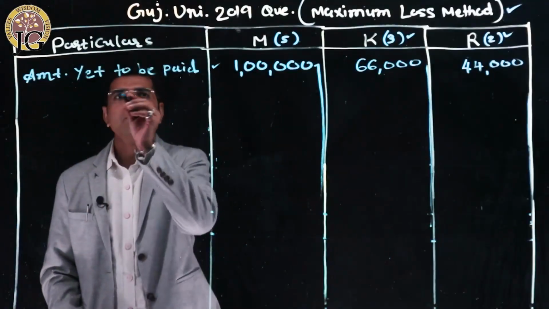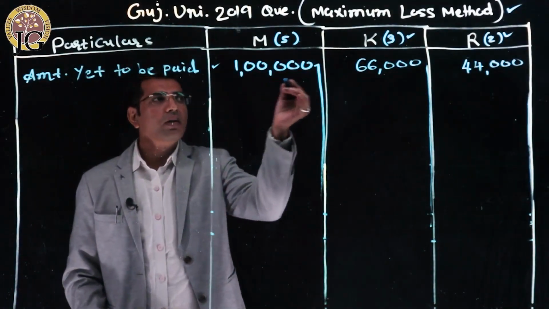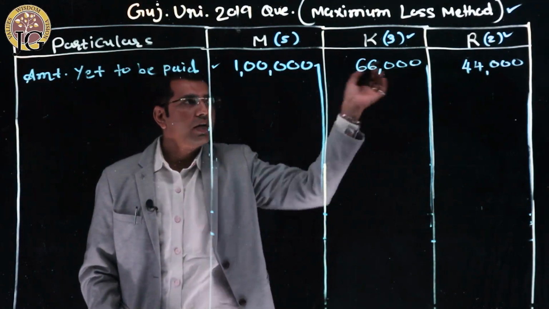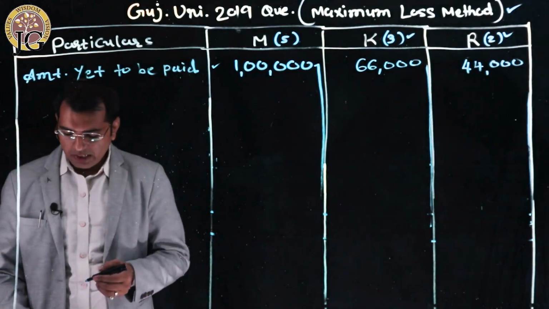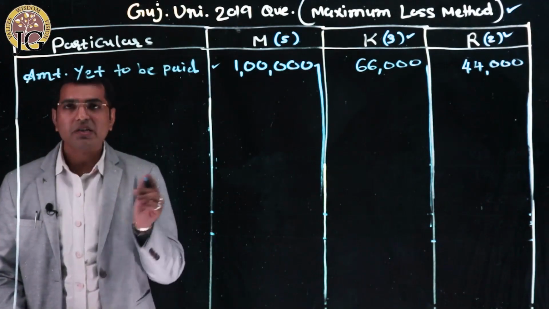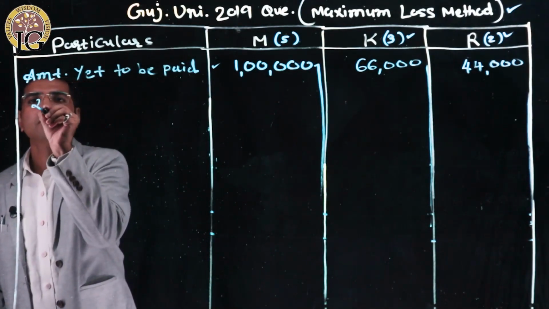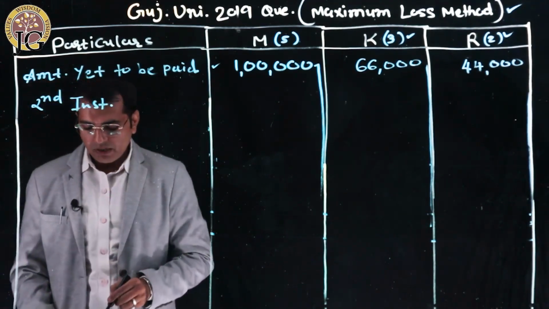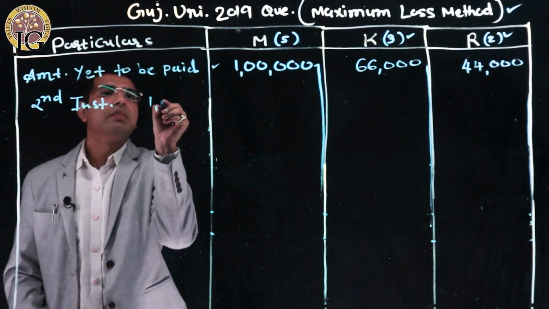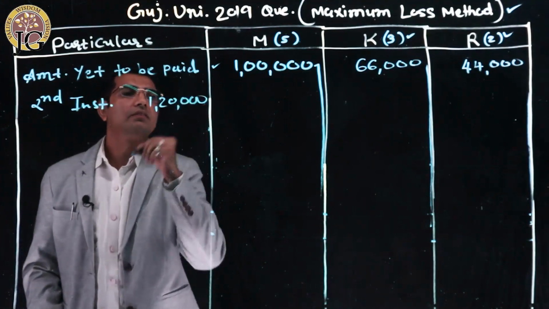Now amount yet to be paid for M is 1 lakh, K 66,000 and R 44,000. So let's take another installment. The second installment is given in the sum. Second installment of rupees 1,20,000 received by the firm by selling the assets.